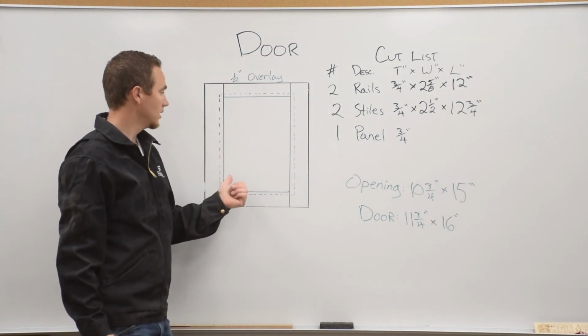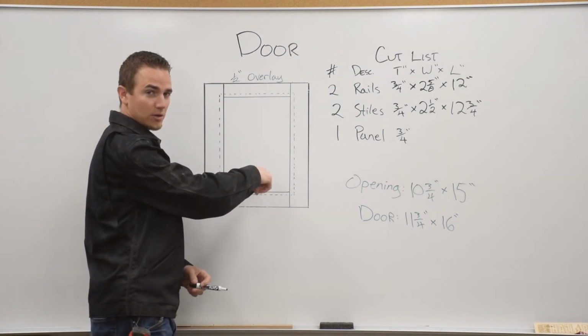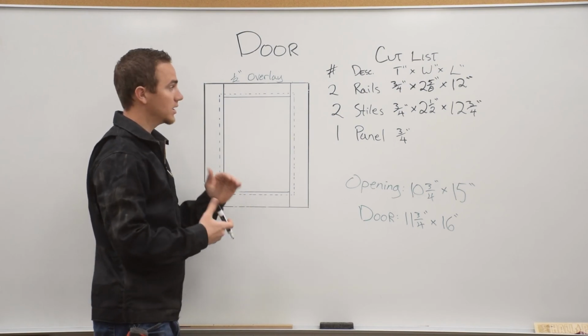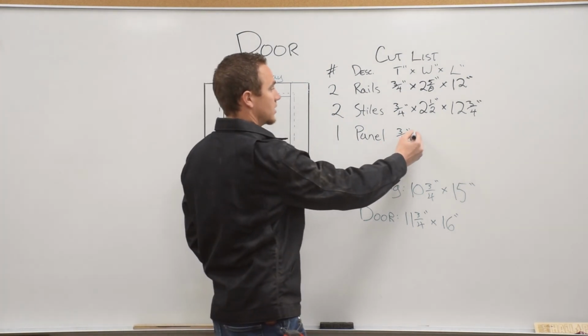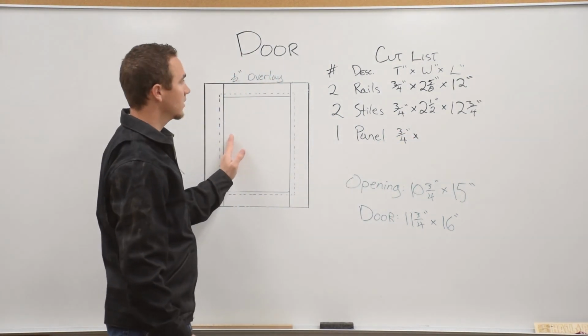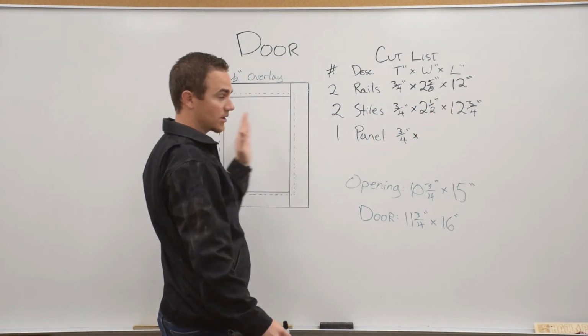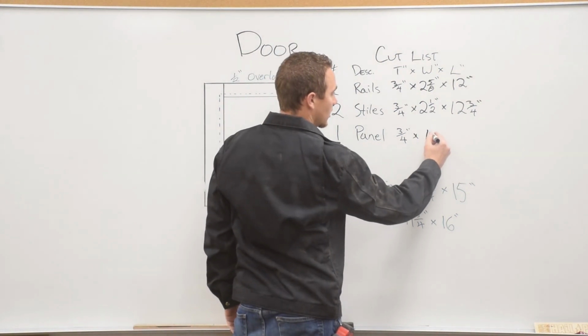Okay. For the panel, it will go in 1/2 inch on all 4 sides. So add 1 inch both ways. So for the width, it's going to be the same as the length of the rails, because it's going in 1/2 inch each way.